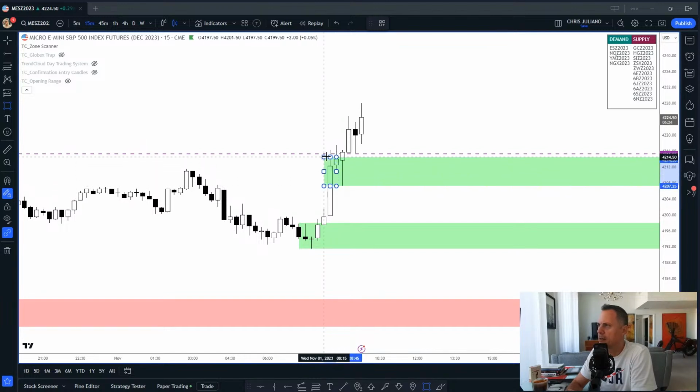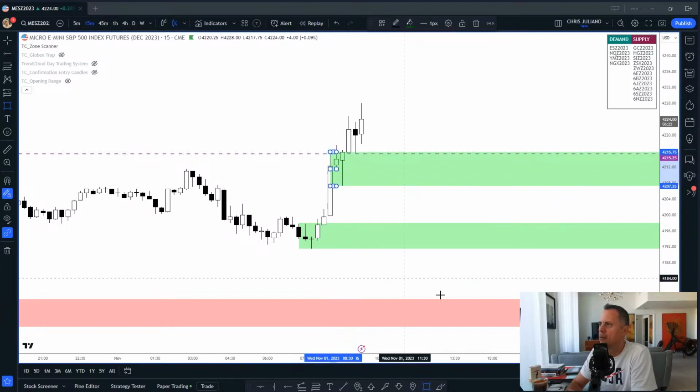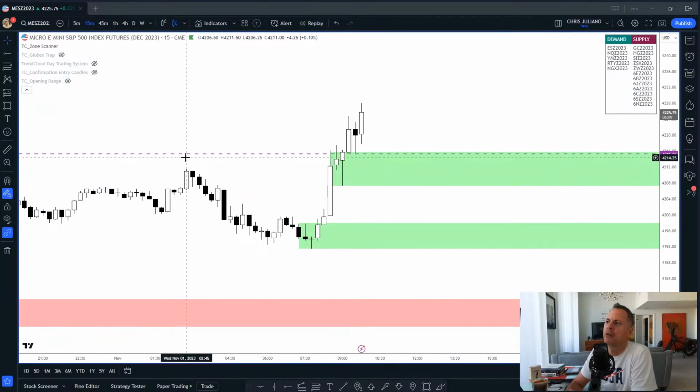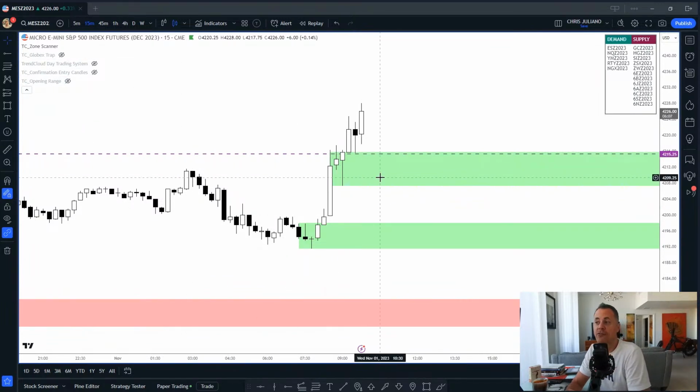And look at how this pulled back, hit that zone, and then continued up. So we've got a strong zone here that I would focus on, and then we've got this one. So if this one fails, we've got this one here.